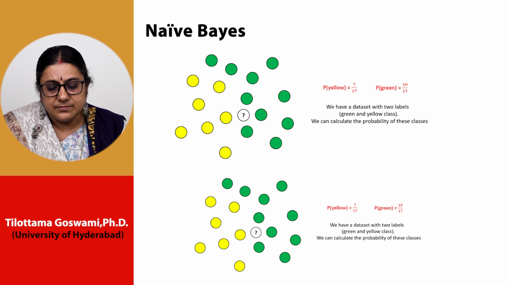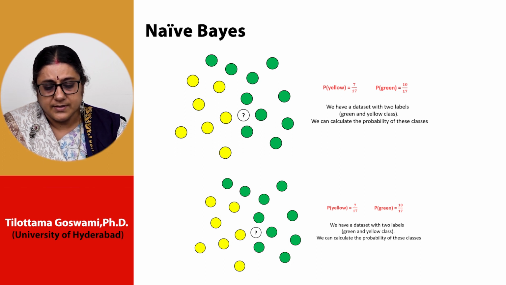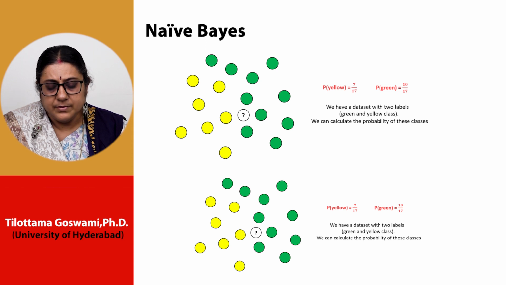To know that, we first compute this conditional probability of question mark given green. In this particular circle there are 3 greens, considering the question mark as a separate one. So we write here 3 out of total 10, and then for P prime question mark given yellow, that is 1 by 7.